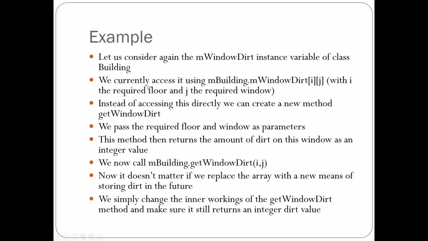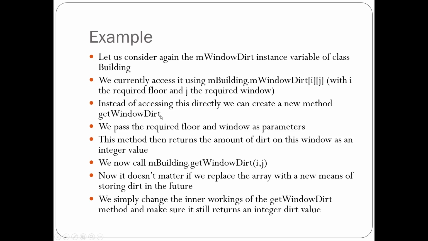At the minute we access it using mBuilding, which is the name of the object or the class, and the name of the array with the floor and window number on it. It's not the best way of doing it, because we're actually breaking the rule that we've just talked about. We're letting the window cleaner class access an array in another class directly, which is bad form. We shouldn't be doing it.